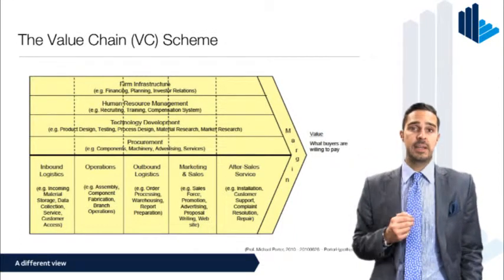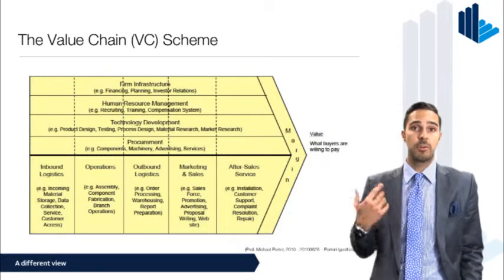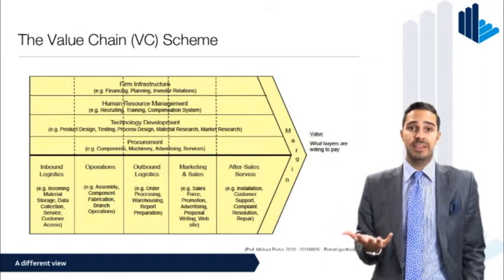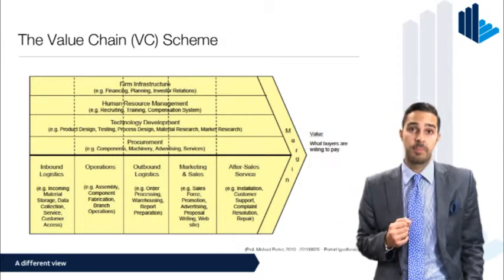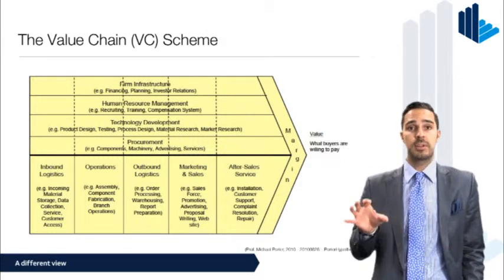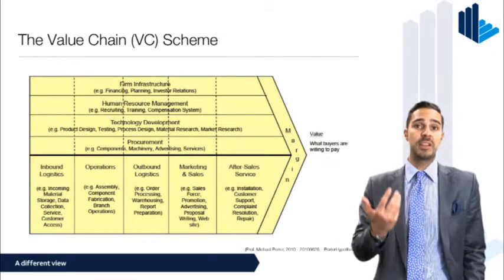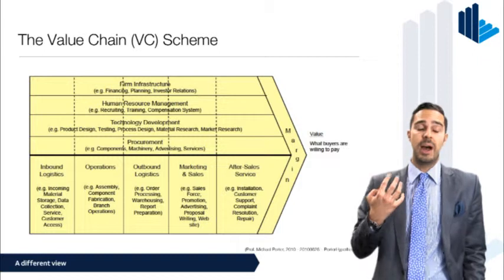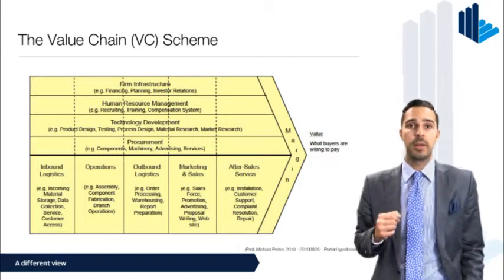Or you can use this framework for analyzing your costs and so on. So basically, it's a very basic but very powerful scheme. What we are going to do now is try to use this scheme from a sustainability perspective. This means to analyze how processes can become more sustainable.